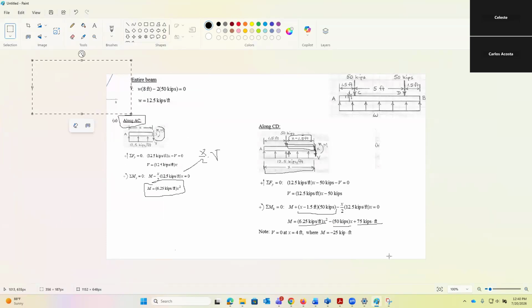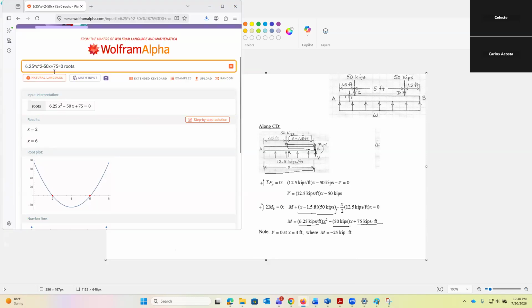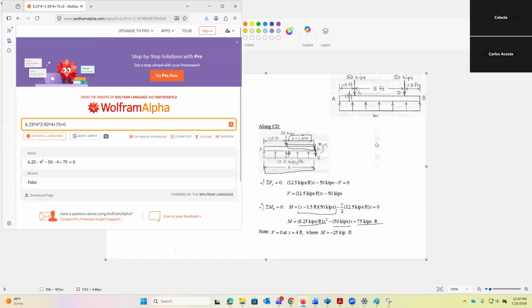We'll bring it back. So in that equation right there, if you say x equals 4, it's negative 25.